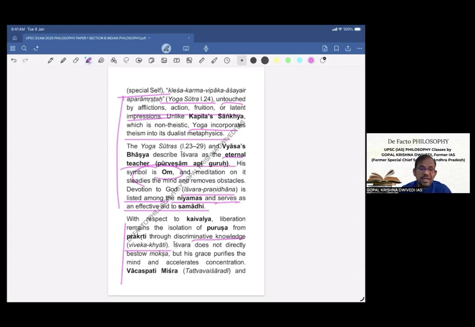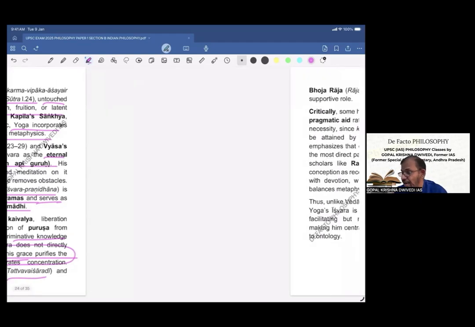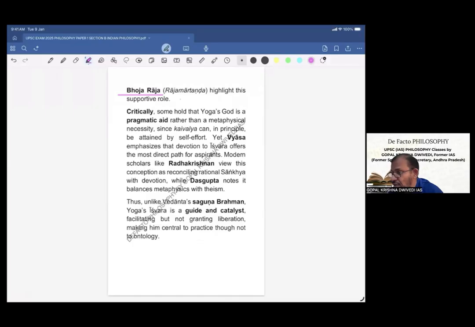Ishvara does not directly bestow moksha, but his grace purifies the mind and accelerates concentration. So, this is his role, basically. Vachaspati Mishra in Tattva Vaisharadi and Bhoja Raja in Raja Martanda highlight this supportive role. He is not directly causing liberation, but has a supportive role.